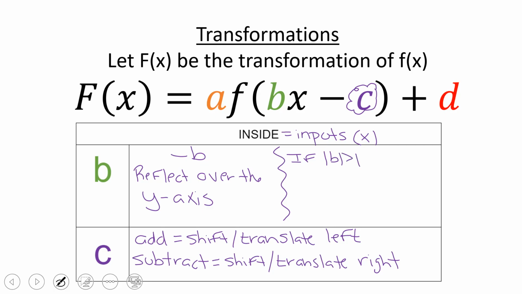If that b value is greater than 1, this is a horizontal compression. And if that b value is between 0 and 1, that would be a horizontal stretch.